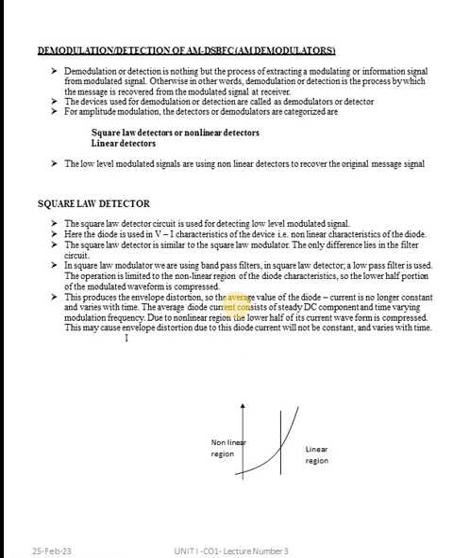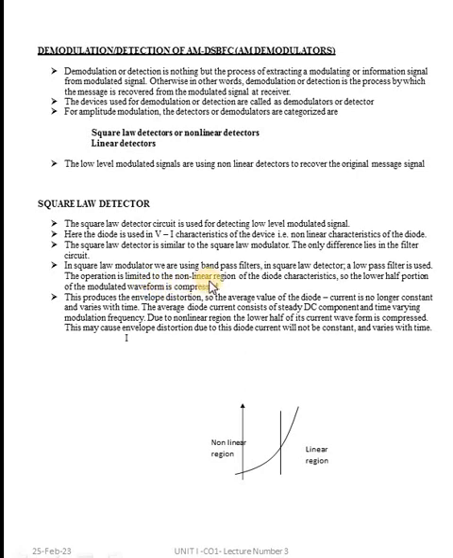When it is reverse biased, the diode is in off mode, and then we will not get any output at the diode. The same principle. In the square law modulator we use a band pass filter; here we use a low pass filter to obtain the desired frequency.